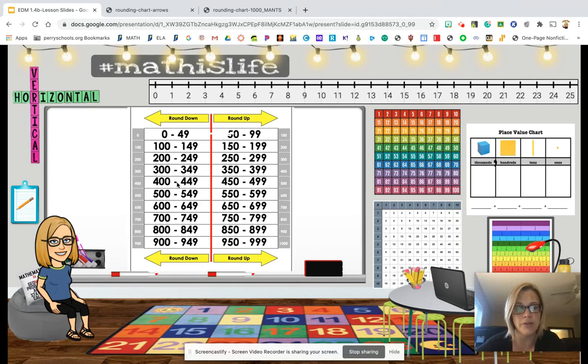And so 423, we would round down to 400. If my number is 682, it's going to be between 650 and 699. So I would round up to 700.